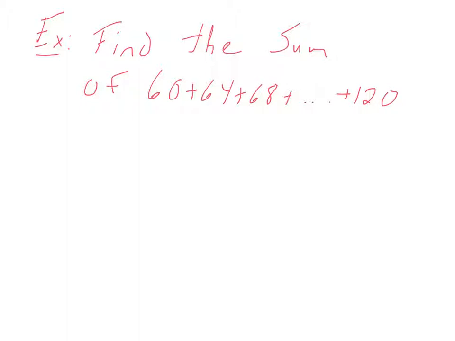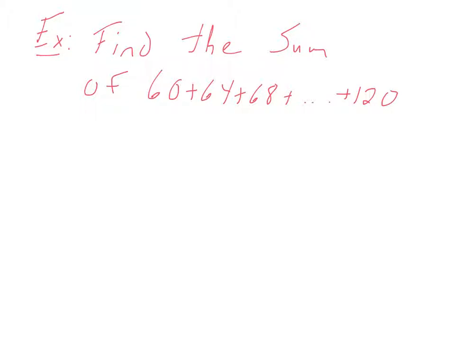Right? So find the sum of all of those terms. Now you can see the pattern, right? You can see that's the first certain number of terms of some arithmetic sequence. And you're going to have to find the information you need to know to use that formula that we just had there. So give that a shot.